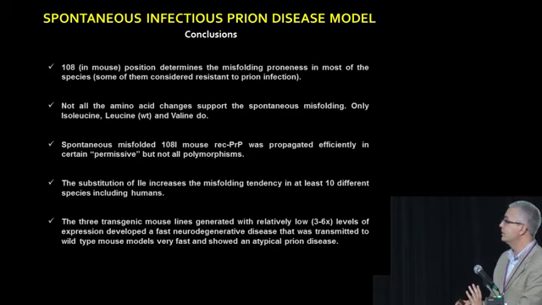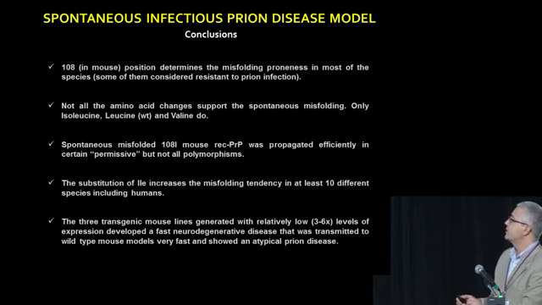Not all amino acid changes support spontaneous misfolding, only isoleucine, leucine, and valine. A spontaneously misfolded 108 mouse recombinant PrP was propagated efficiently in certain permissive, but not all, polymorphisms. The substitution of isoleucine increased the misfolding tendency in at least 10 different species, including humans.